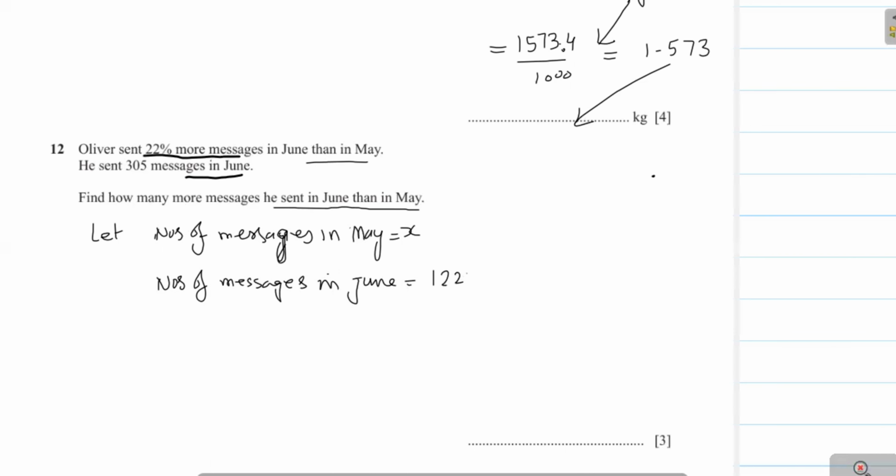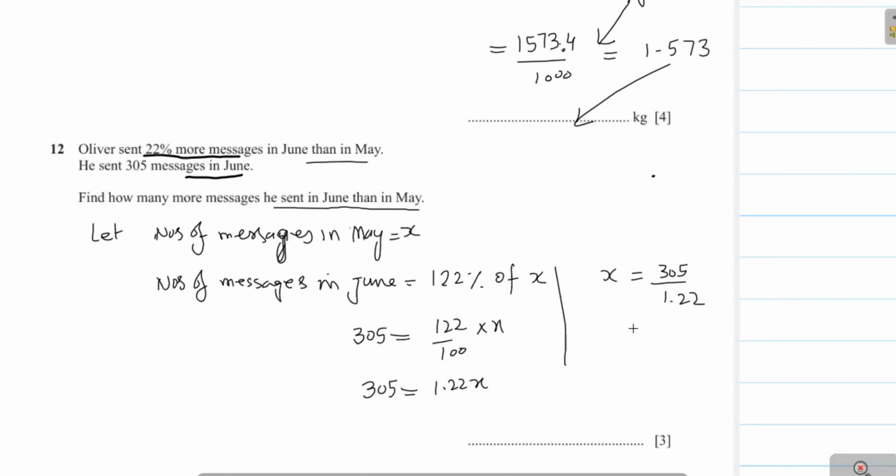It means 122% of the number of messages in May, which is x. You know 122 over 100 times x, and the number of messages in June here is 305. We can write 1.22x equal to 305, and we can write x equal to 305 divided by 1.22, and that value is equal to 250 messages in May.